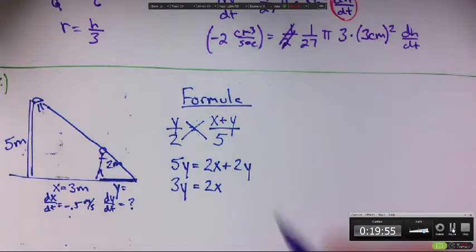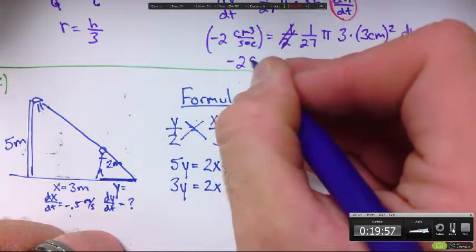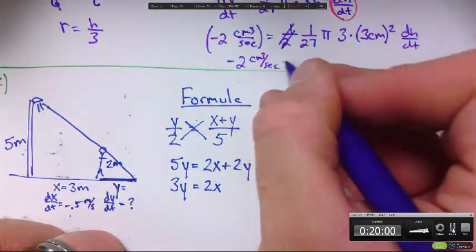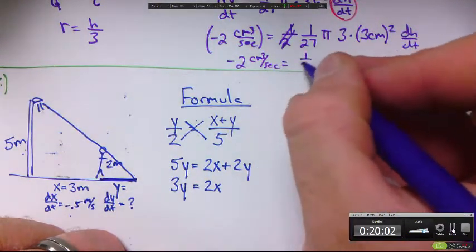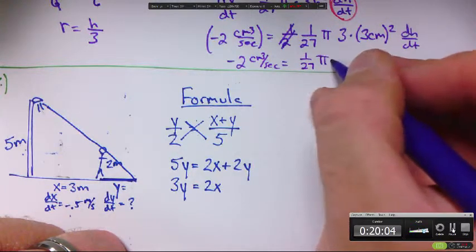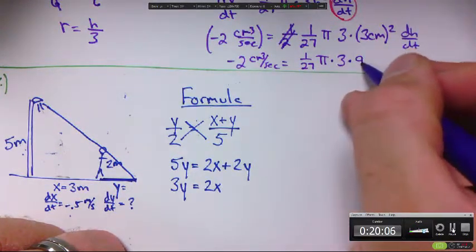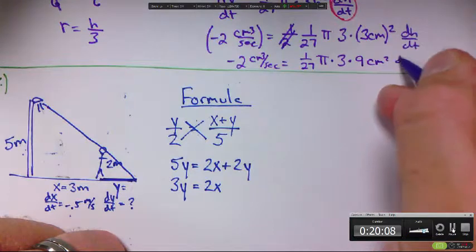We get -2 centimeters cubed per second is equal to 1/27 pi times 3 times 9 centimeters squared dh/dt.